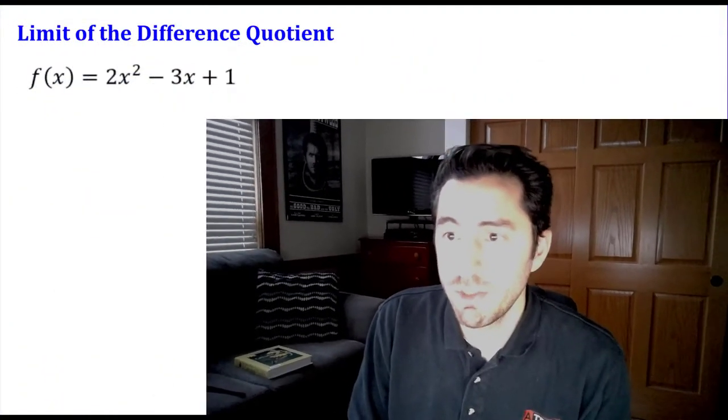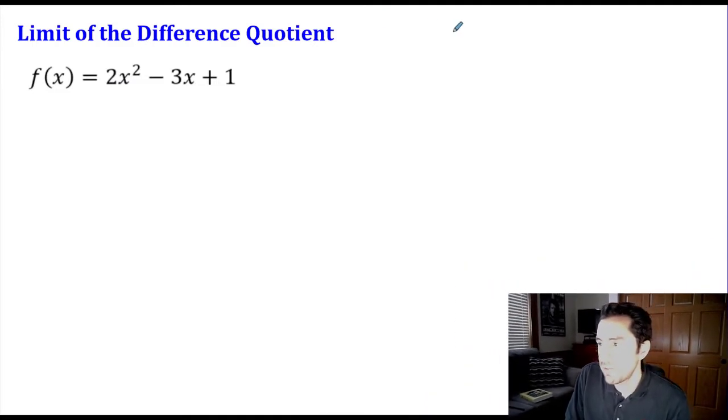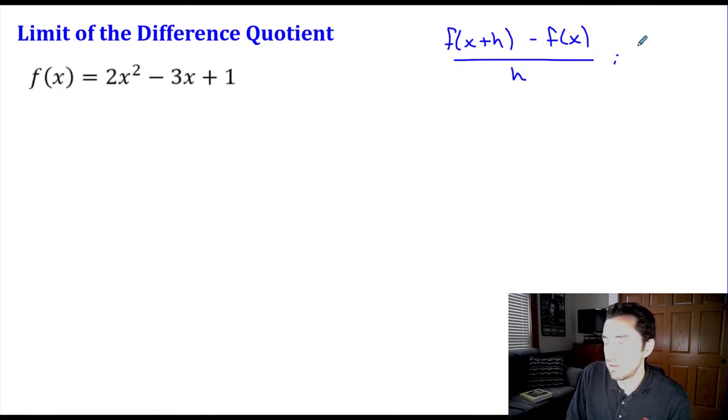I think the first thing we should do is just remind ourselves what the difference quotient is. The way we define this is it's f of x plus h minus the original function f of x all over h. And just additionally on here, h cannot be 0.